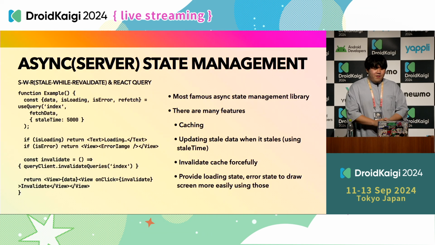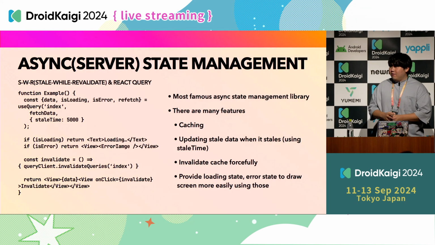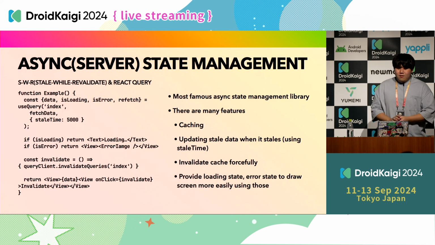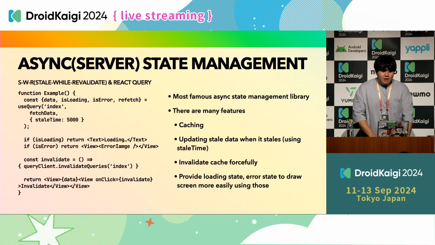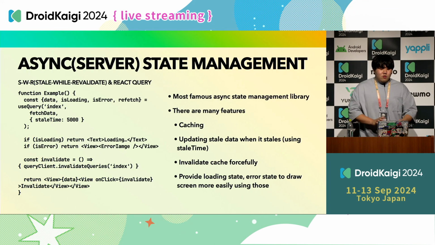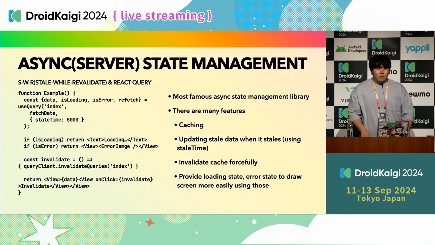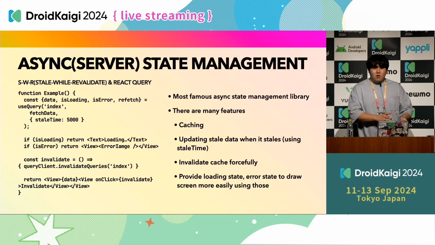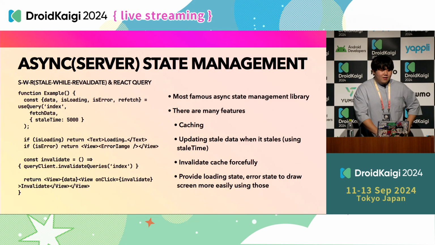React Query offers a variety of features, and I'd like to highlight some elements that you might find particularly attractive. First, the most noticeable feature is that the library handles state transitions based on the API response for you. With React Query, you don't have to manually create or manage loading or error state.